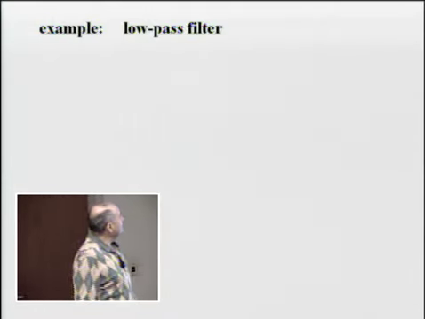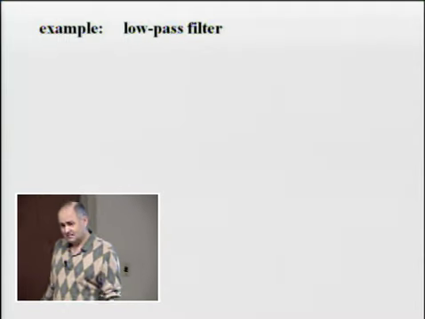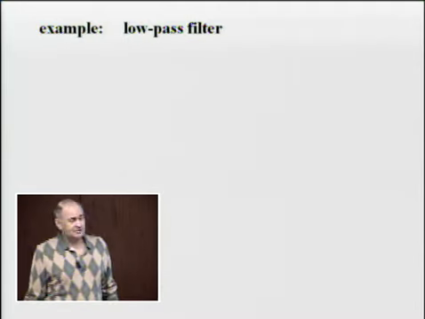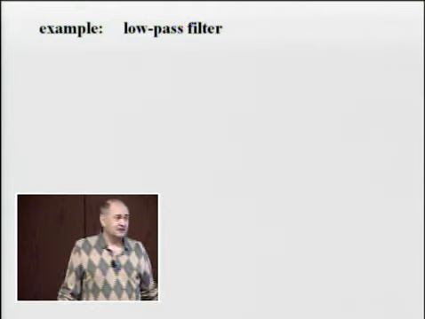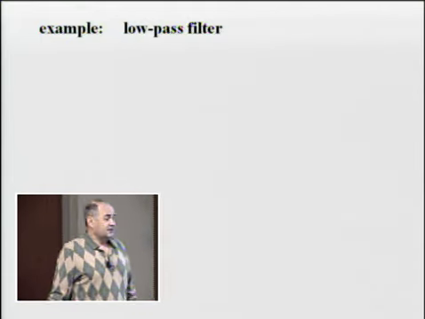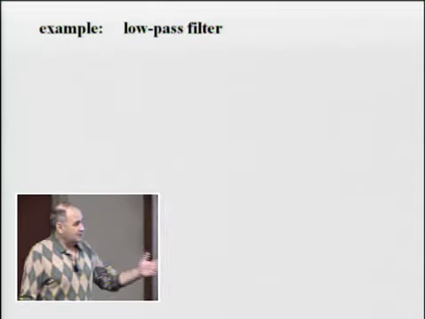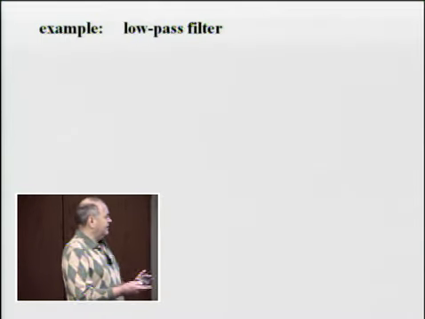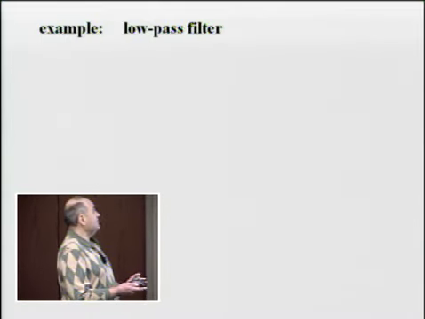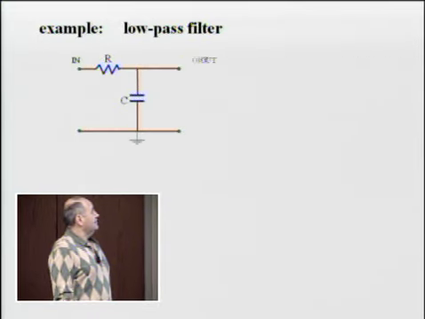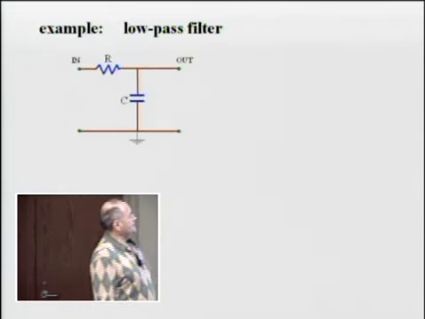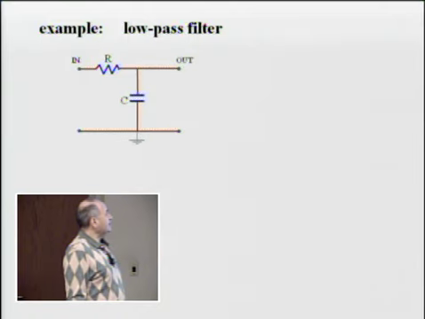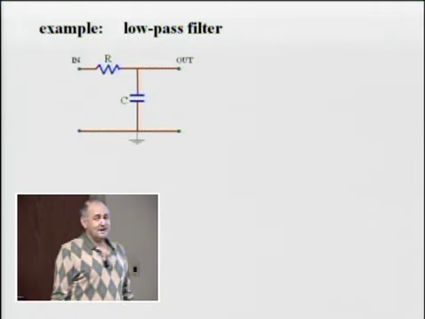Now, a low-pass filter, the name already indicates that it works the other way. A low-pass filter will transmit signals with low frequency and block signals with high frequency. An example of a low-pass filter is a combination of a resistor and capacitor.